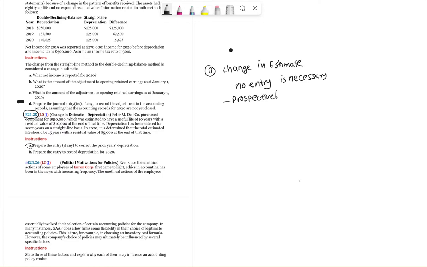They're saying that Peter M. Dell Company purchased equipment. The cost of the equipment is 510,000, which was estimated to have a useful life of 10 years with a residual value of $10,000.